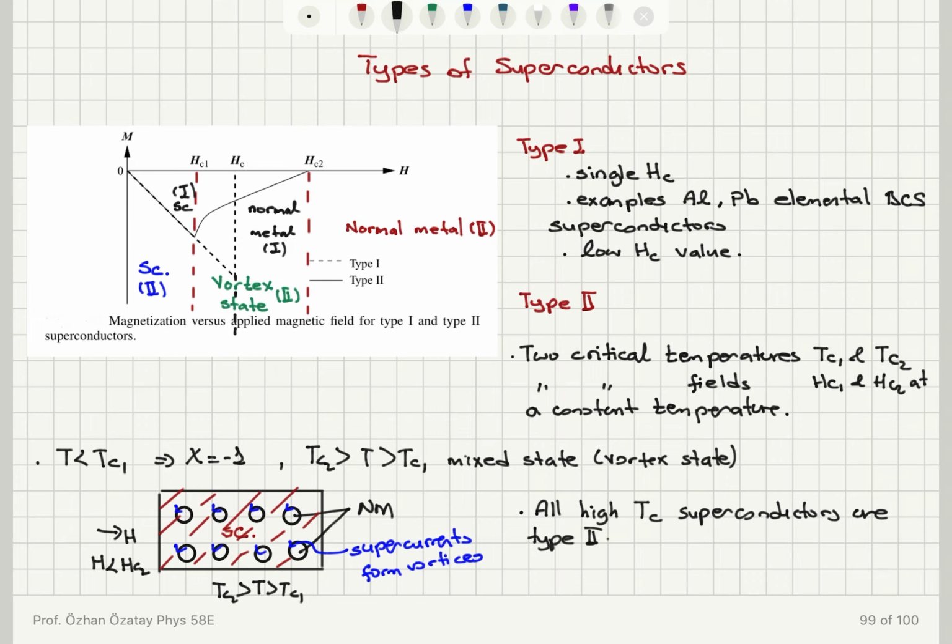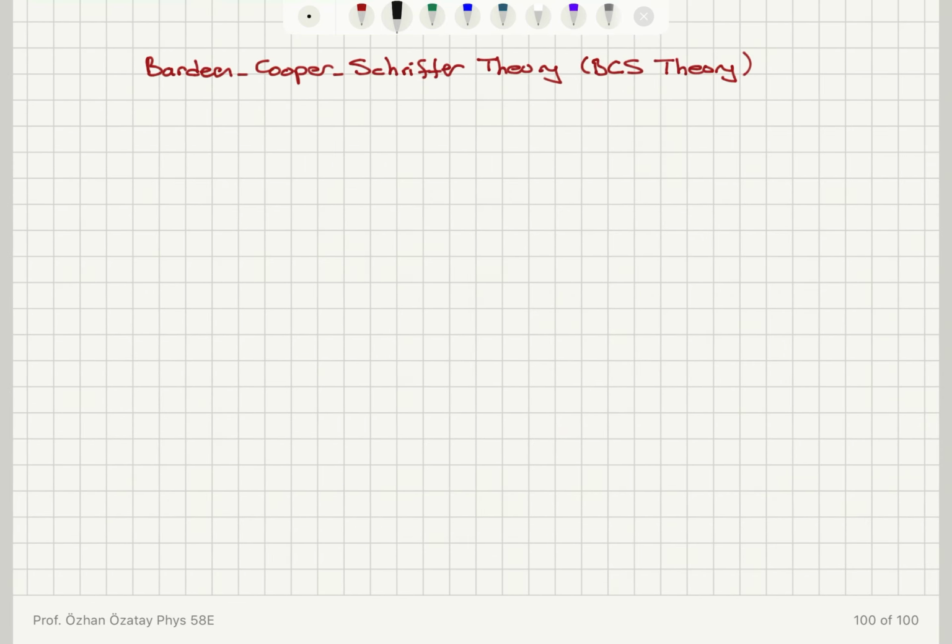Okay, and as for the theory of superconductivity, there is the theory developed by Bardeen, Cooper, and Schrieffer in 1957. BCS theory was developed. Basically, we consider an electron moving through a conductor.